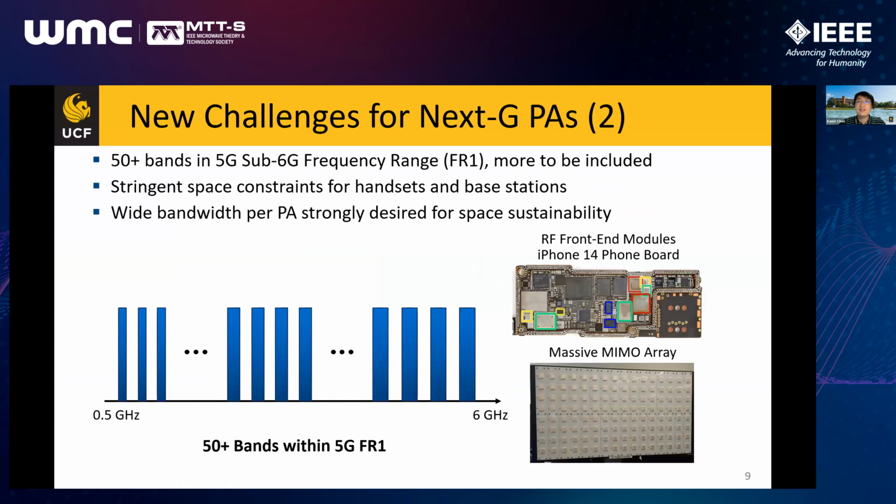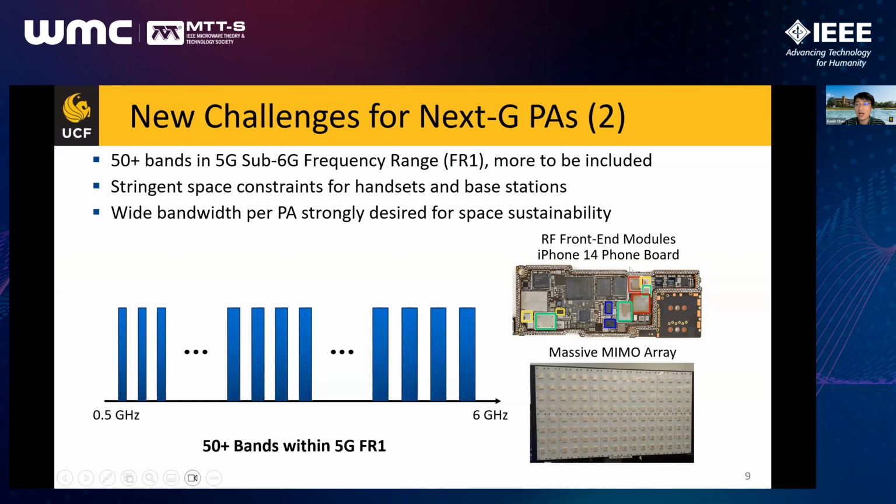Then we can see that there are more challenges for the next generation power amplifier beyond this efficiency. The second challenge is the wide bandwidth. Our wireless communication bands keep proliferating. We currently have 50 plus bands globally within the 5G FR1 range.